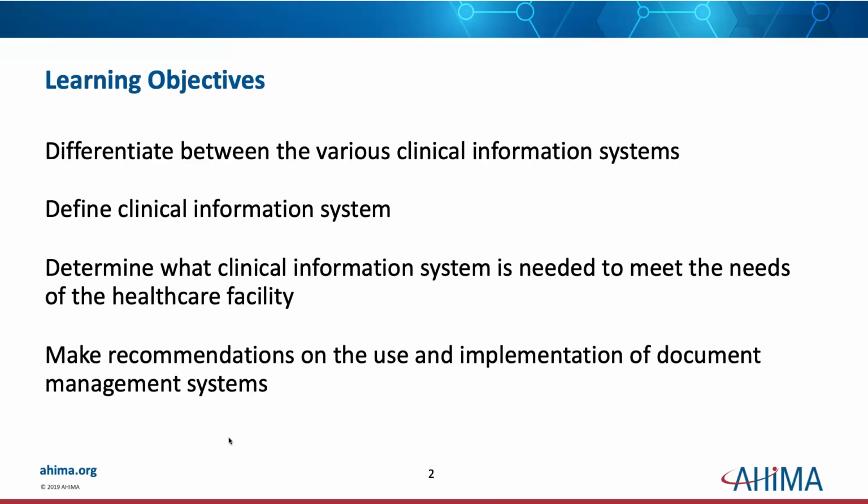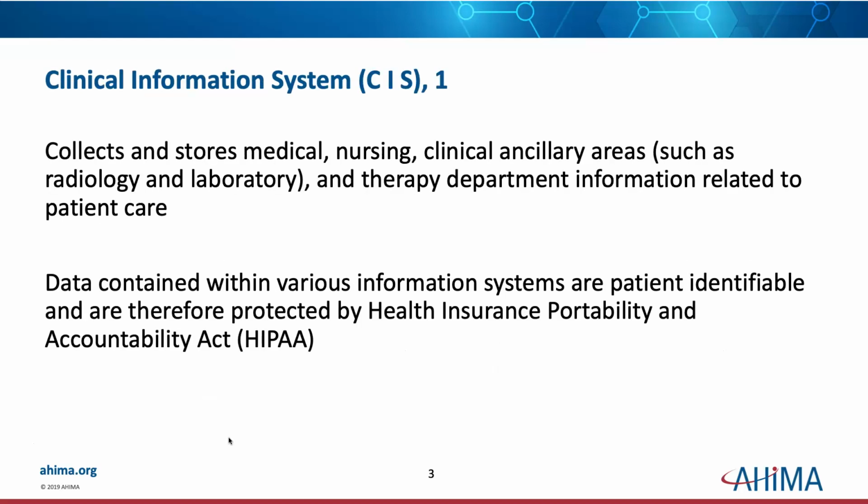So let's move forward. In this chapter, we are going to be looking at clinical information systems and defining those. What do they do? How do they function within a healthcare facility? And those types of things, just like we did with administrative information systems this last week.